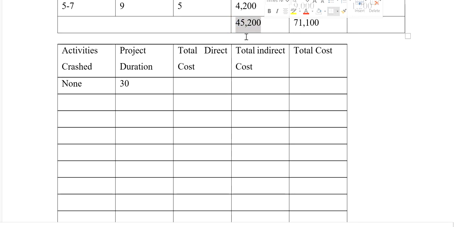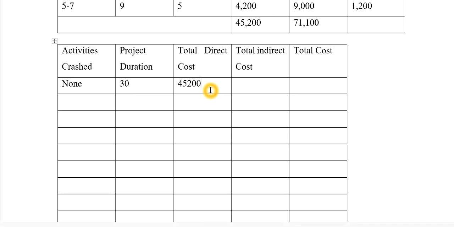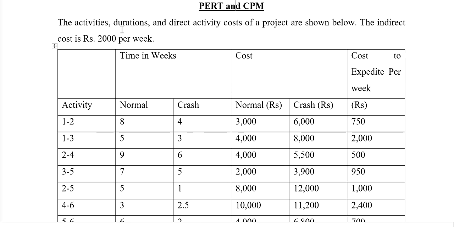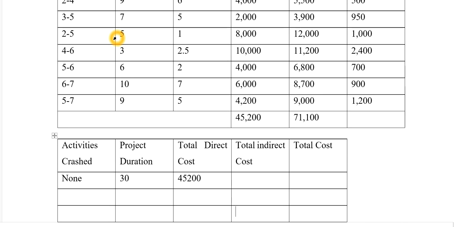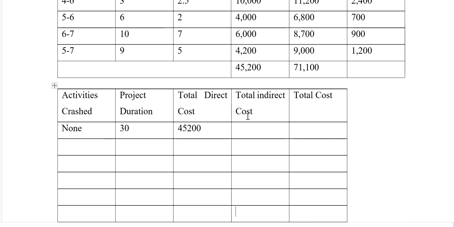This is 45,200. So I'll write 45,200 here. The total indirect cost, as you remember, in the question we mentioned there is an indirect cost of 2000 per week, so for 30 weeks duration, the total indirect cost is 30 into 2,000, which comes to 60,000. So here the total cost is 45,200 plus 60,000, it is 1,05,200. Likewise we will mention all the changes in this table.